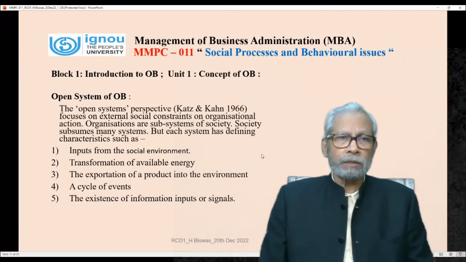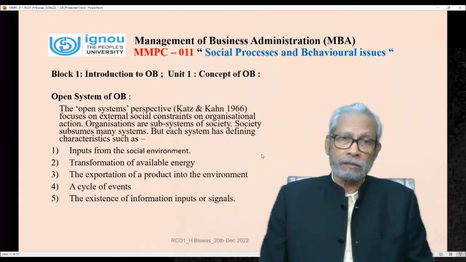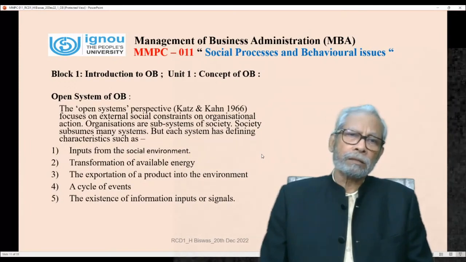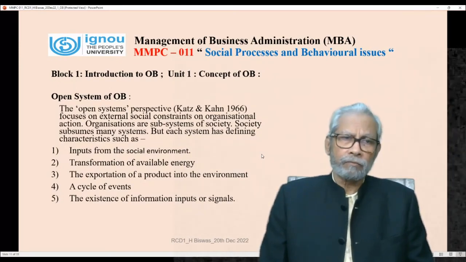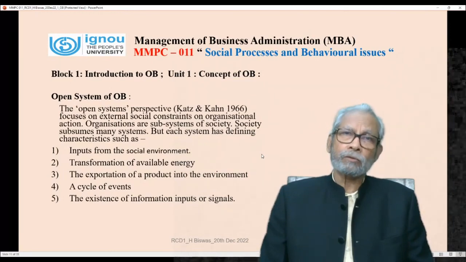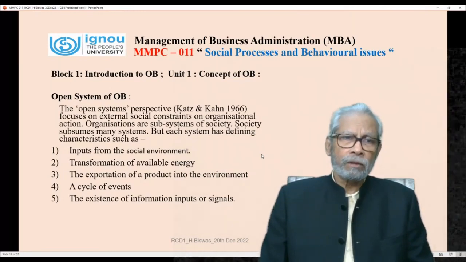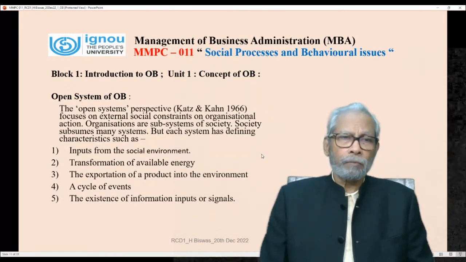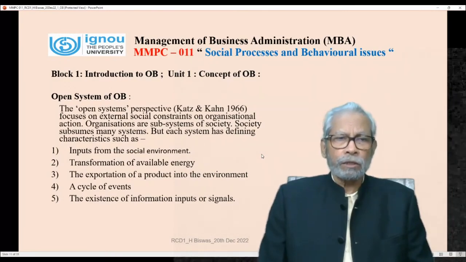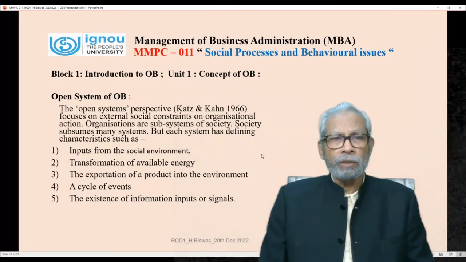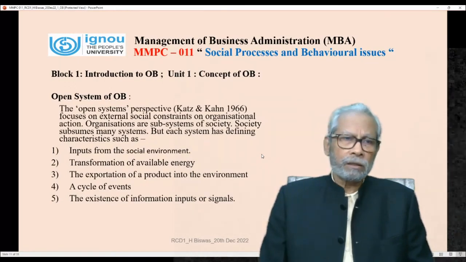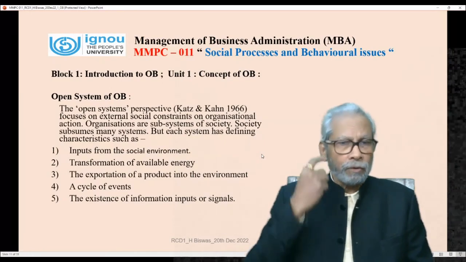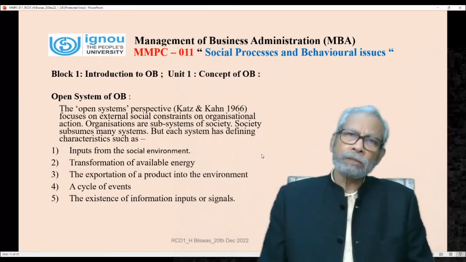Society subsumes many systems, but each system has defining characteristics: inputs from the social environment, transformation of available energy, the exportation of a product into the environment, a cycle of events, and the existence of information input or signals.